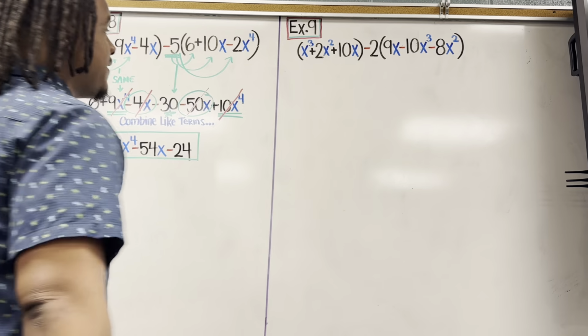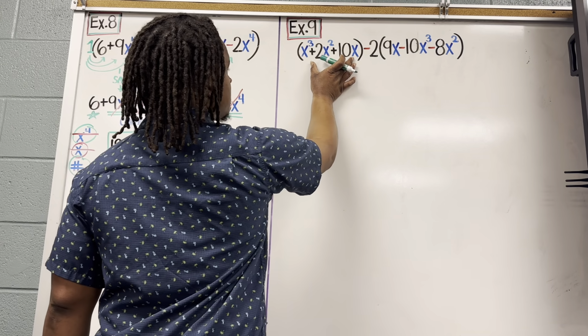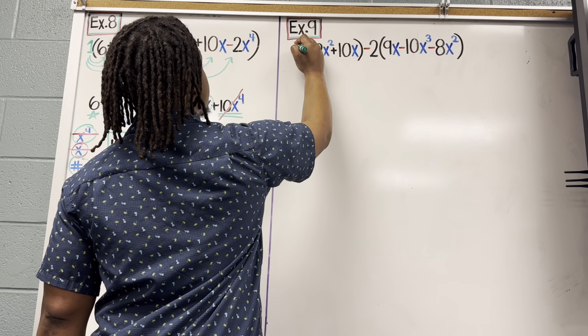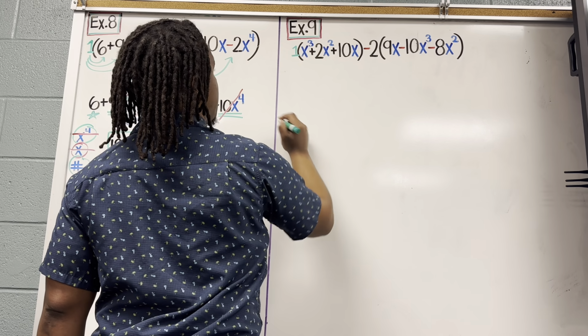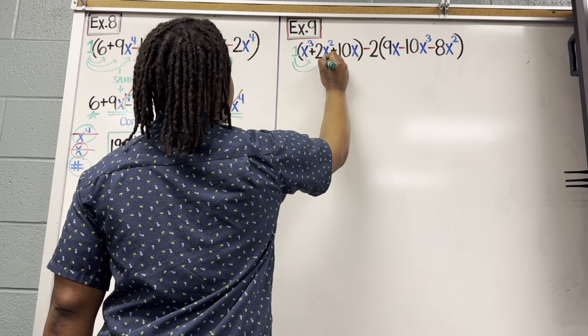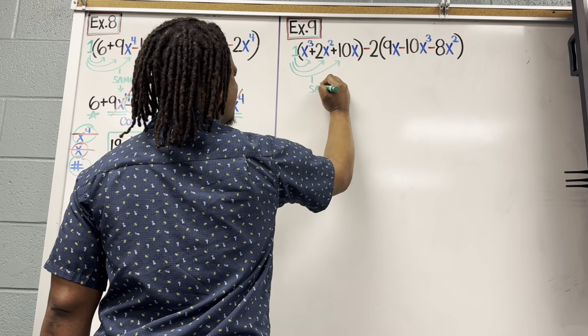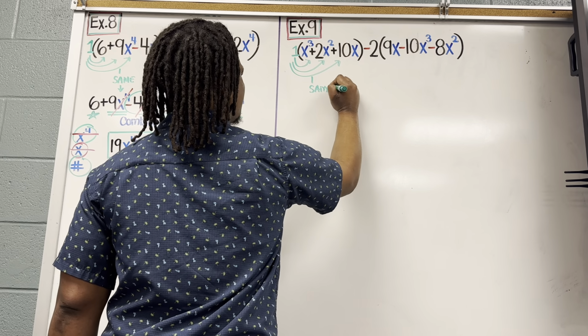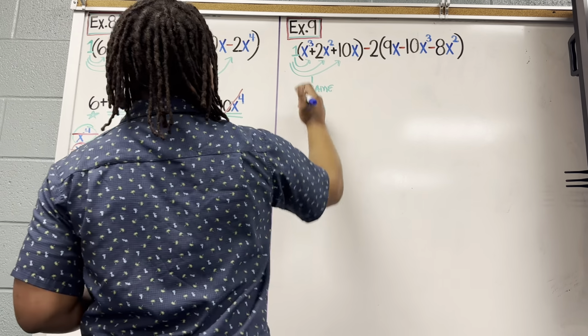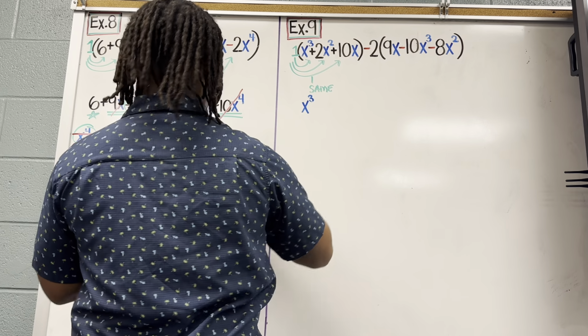Let's do example 9. If you notice, guys, in front of the first parentheses, there's no number, so that number is automatically a positive 1, meaning that if I multiply all the values within that parentheses by a positive 1, they will stay the same, okay? So everything inside the first parentheses will come down the same because I multiplied by a positive 1.